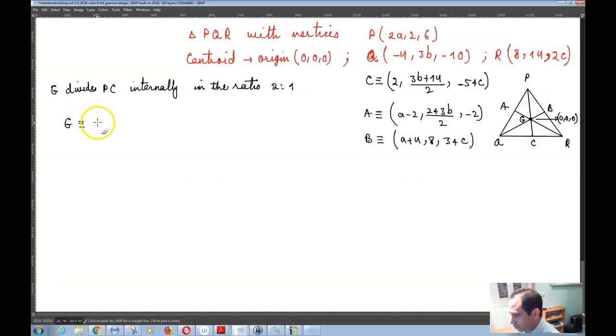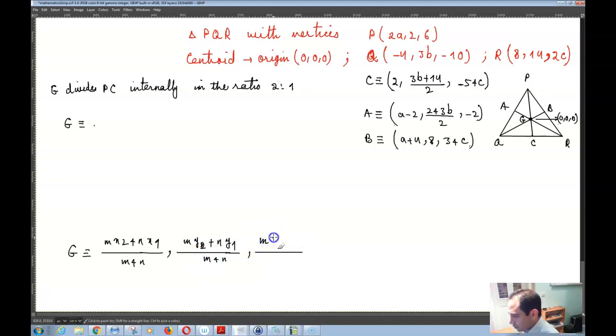So then the coordinates of G would be equal to, basically, the formula: m times x2 plus n times x1 over m plus n, m times y2 plus n times y1 over m plus n, and m times z2 plus n times z1 over m plus n.